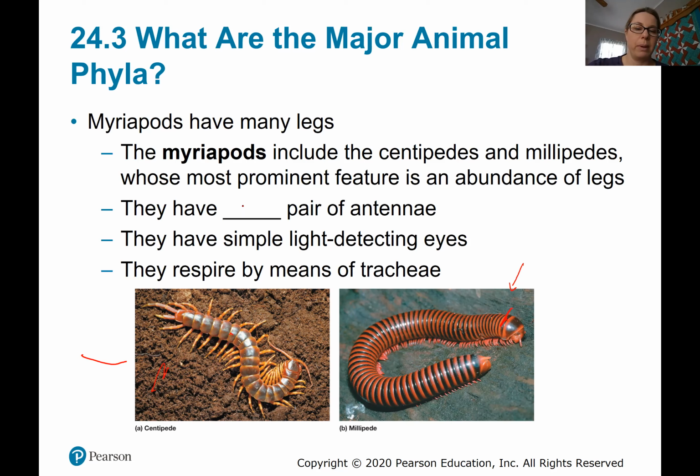They'll have 2 pairs of antennae. They have eyes, and then breathe through tracheae, which are basically entrances in through here where oxygen gases are allowed in, and basically are distributed by a very primitive system.